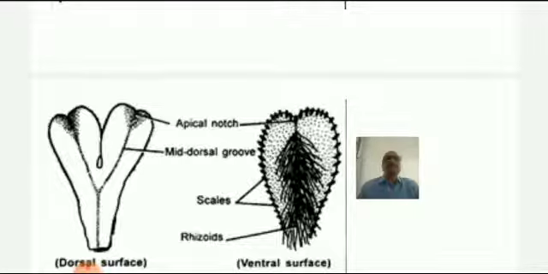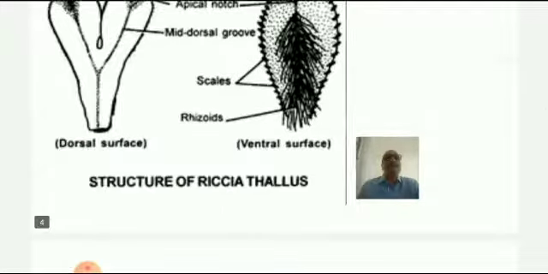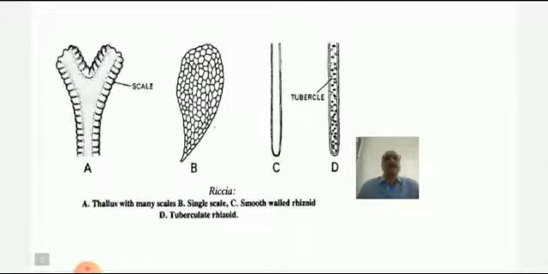Rhizoids are of two types, smooth-walled and tuberculate. So you can see in this diagram the smooth-walled rhizoids, tuberculate rhizoids, and the scale. The scale is multicellular, and the rhizoids are unicellular. The smooth-walled rhizoids are long and unicellular.